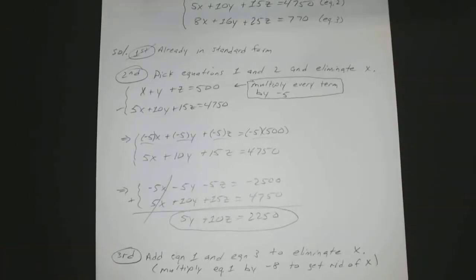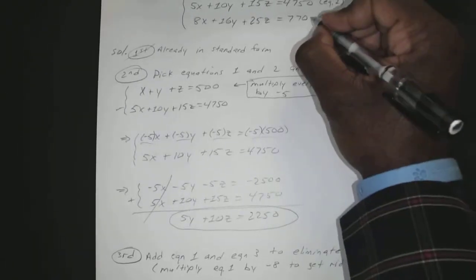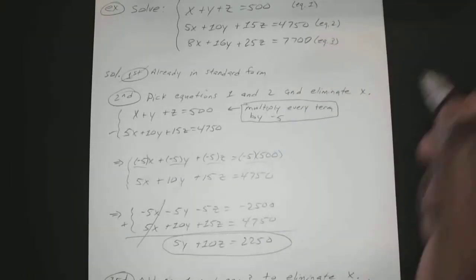And equation 3 is just 8x plus 16y plus 25z equals 7,700. Oh, did I write 770? Yep. So there should be another 0 right up here.